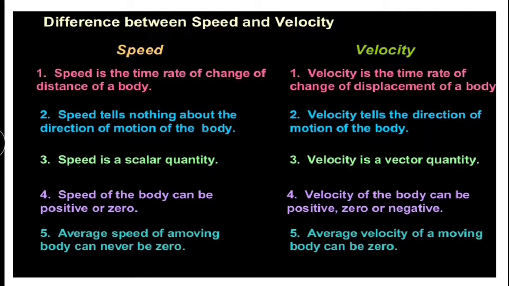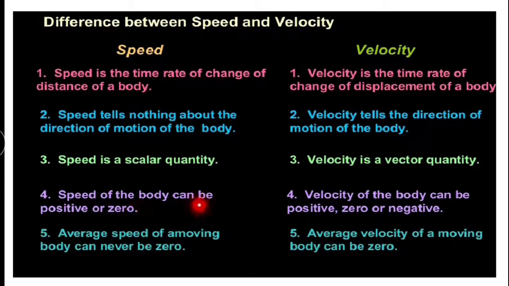We know that speed is a scalar quantity which gives us only the magnitude of the distance traveled, while velocity tells the direction of the motion. It also gives information about in which direction the body is traveling, and how much distance or displacement. Speed is a scalar quantity and velocity is a vector quantity.